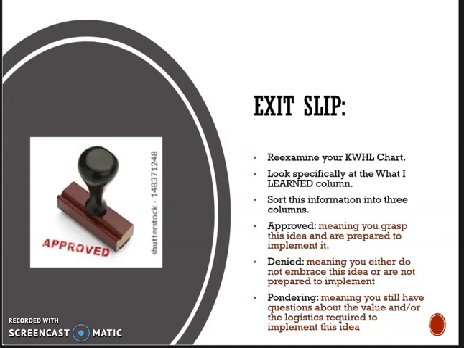In your third column, you'll have pondering, meaning you still have questions about the value or the logistics required to implement this idea. Please pause the video now as you sift and sort through the items on your list.